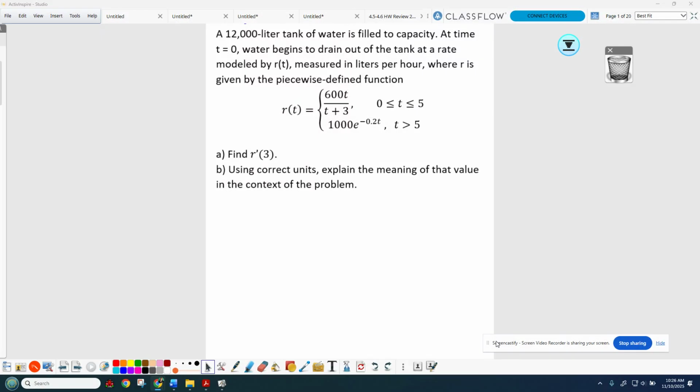So I did it very differently. I have his same first line, but I factored a 600 out right away. So I have t plus 3 minus 3, whatever.